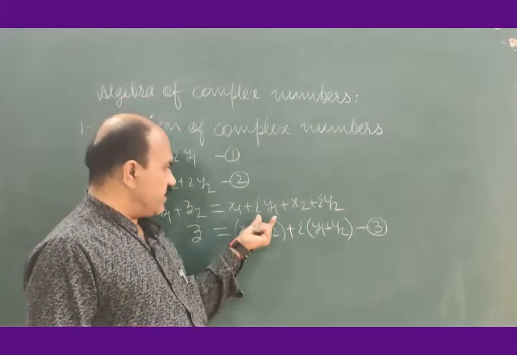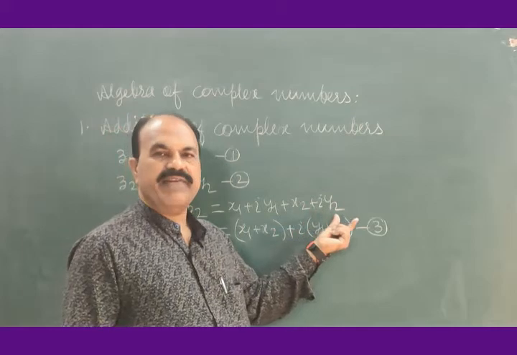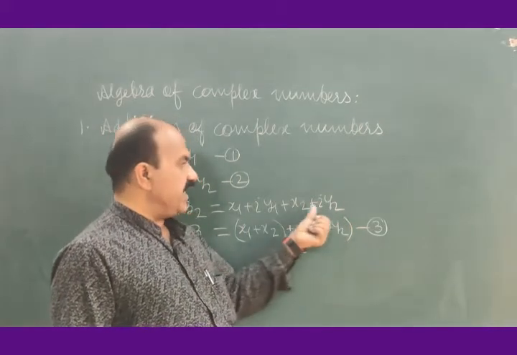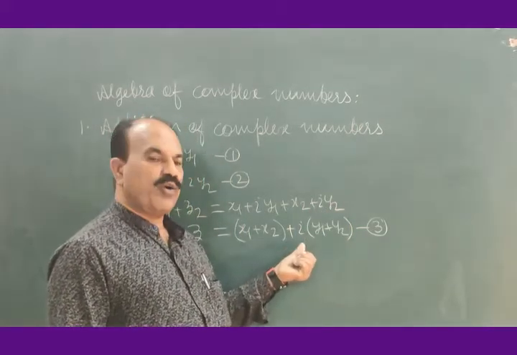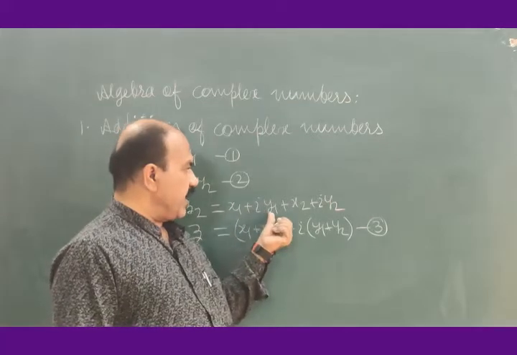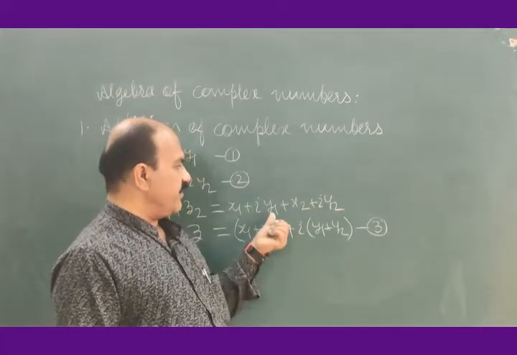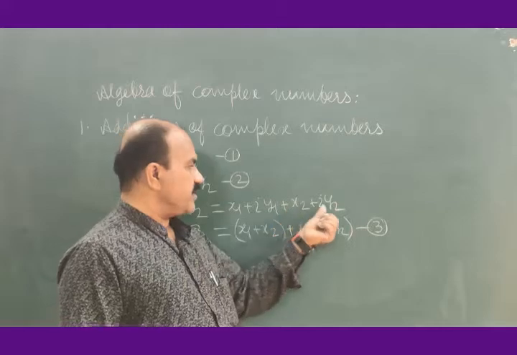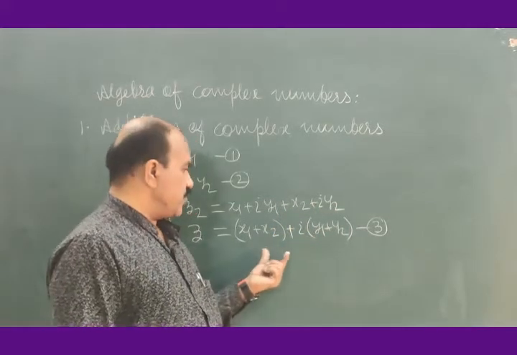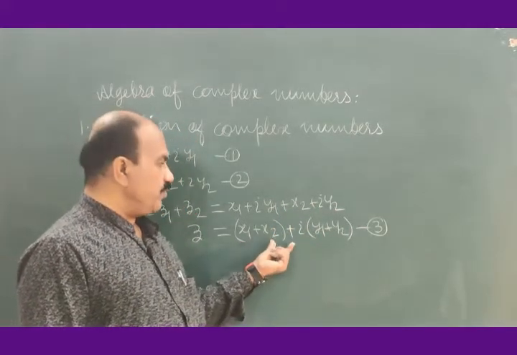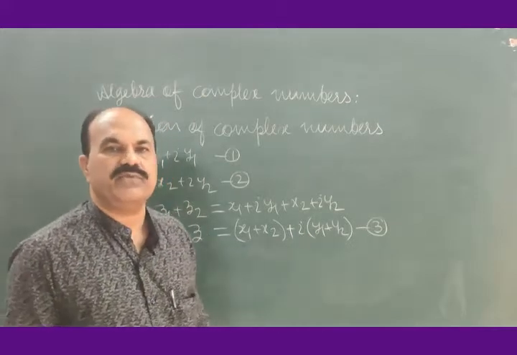Two terms are left, iy1, iy2. i is there in these two terms, take this i common. What is left? y1 plus y2. So x1 plus x2 plus i into y1 plus y2.